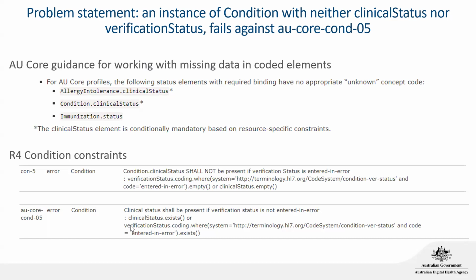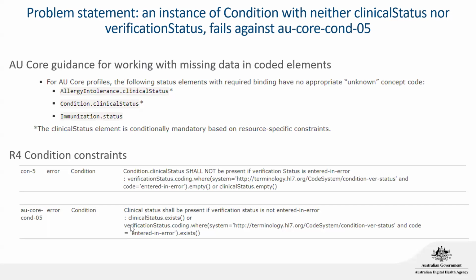We're not able to record unknown in clinical status, because that is not a value in the value set that has required binding to clinical status, and so we're unable to populate that with unknown.